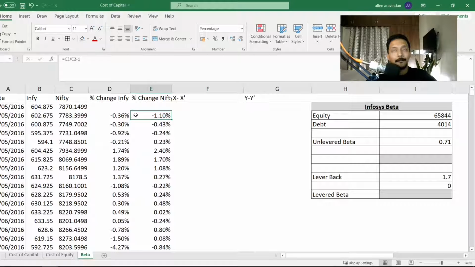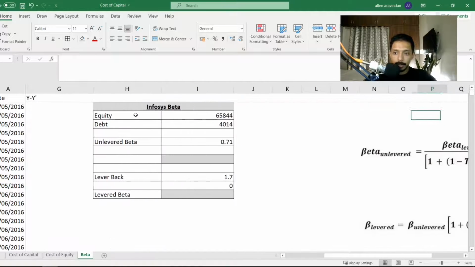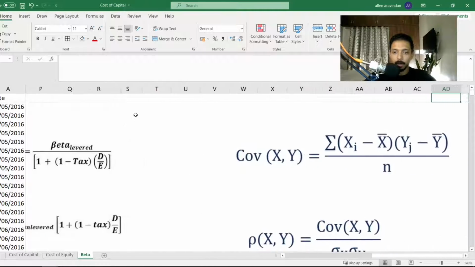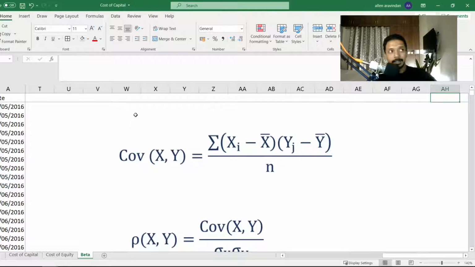So I've got the percentage change here. Now, when we're trying to find the sensitivity using beta, we have to understand the concept of covariance. For the sake of the calculation, I've shown you the formula of covariance. Let me explain it.